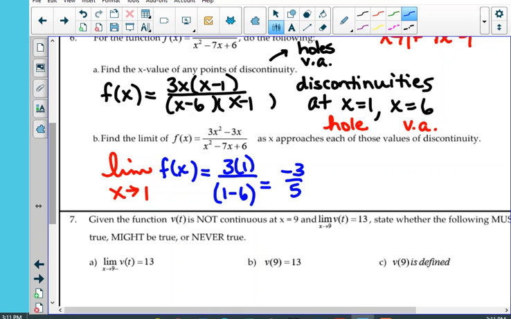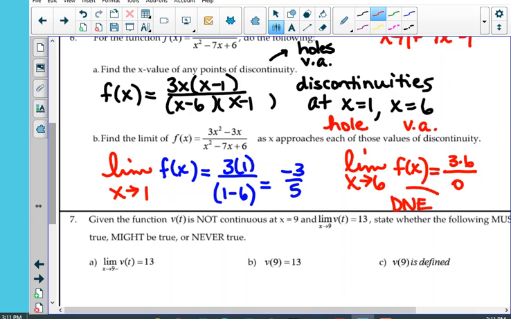So that value is negative 3/5. When I look at the limit as x approaches 6 of this function, I'm going to get 3 times 6 over 0. That limit does not exist.